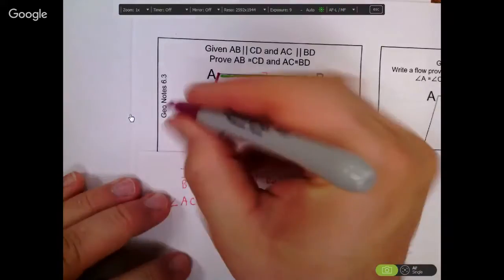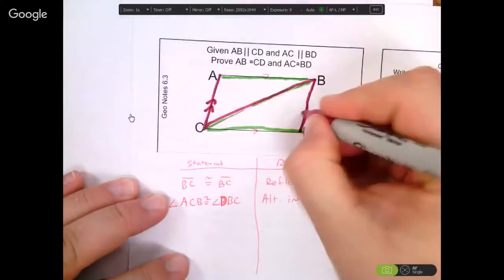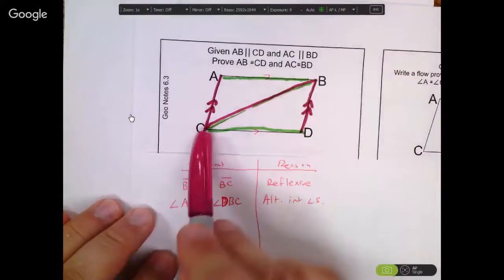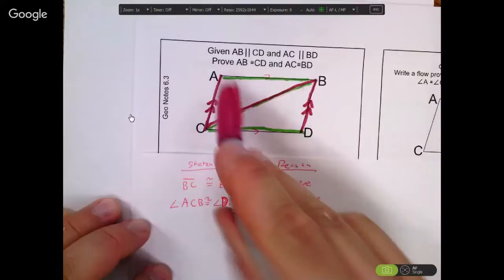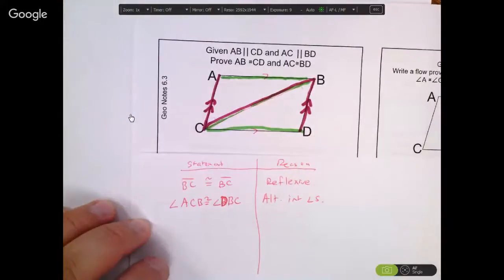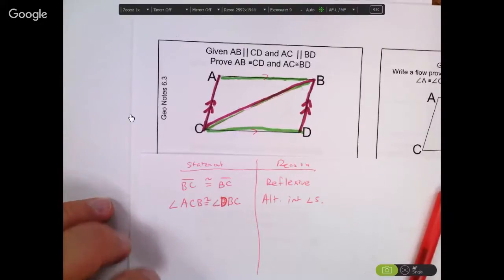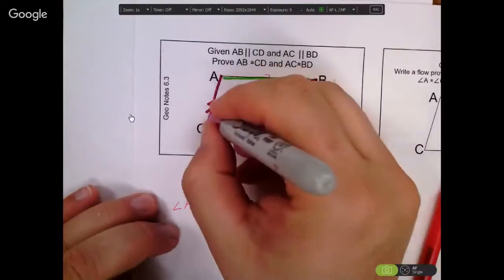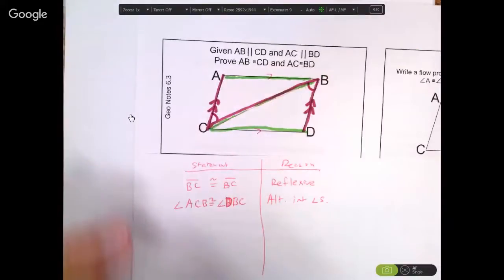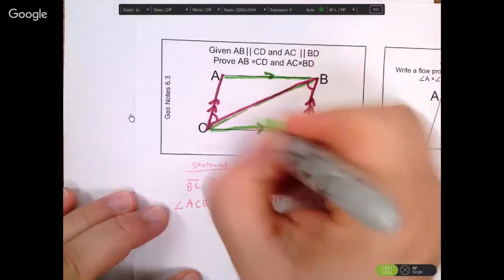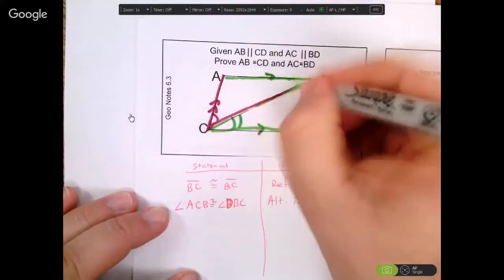Can you go the other way too? Like make a line like an X? Yeah, we could have gone the other way, absolutely. So the purple makes that these are congruent, and the green is going to tell me that this is congruent to this.